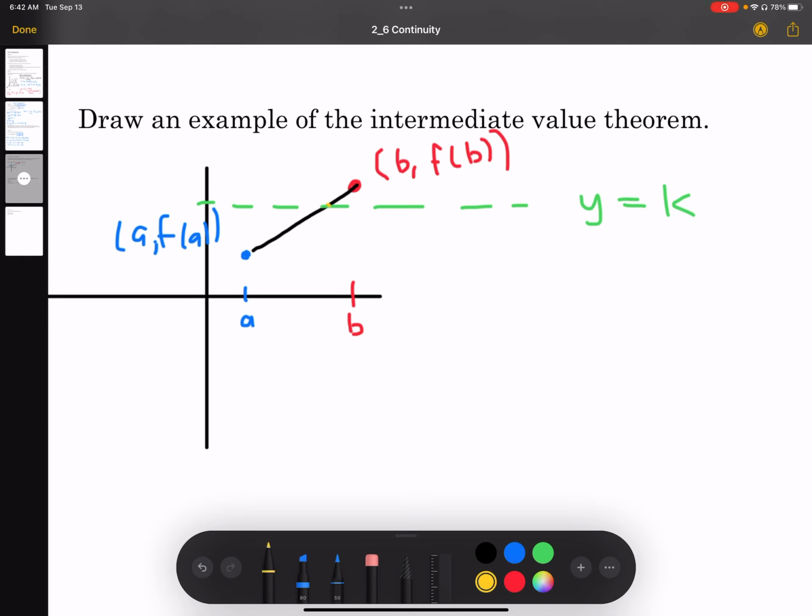So right at this point here where we get k, there is an input value of c that produces this. So at this point, that would be c, f of c, and f of c just equals k for simplicity's sake. So somewhere between these 2 points, there is another point that guarantees this input value.